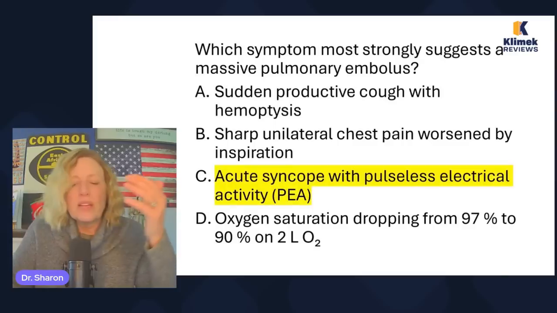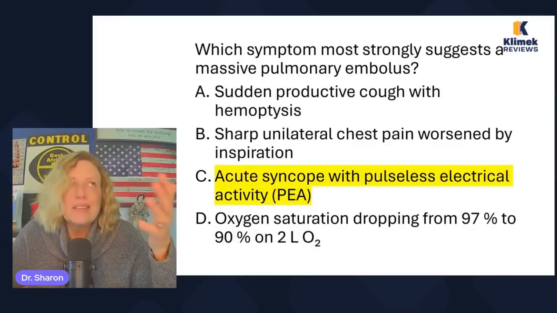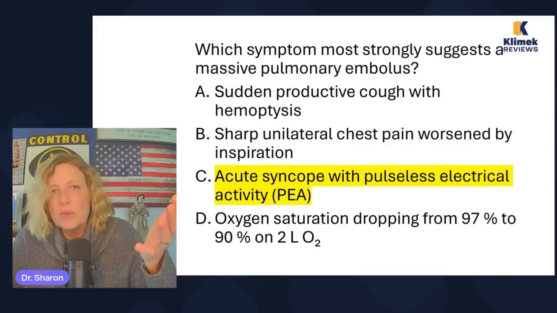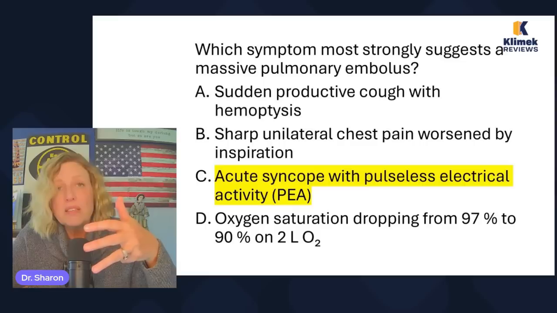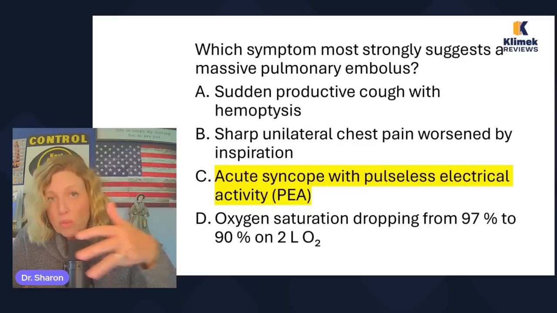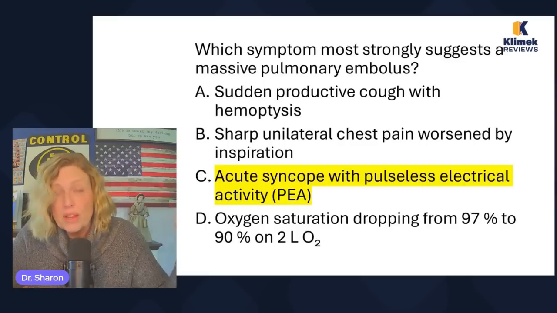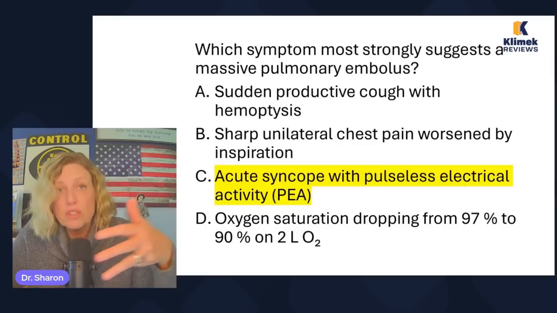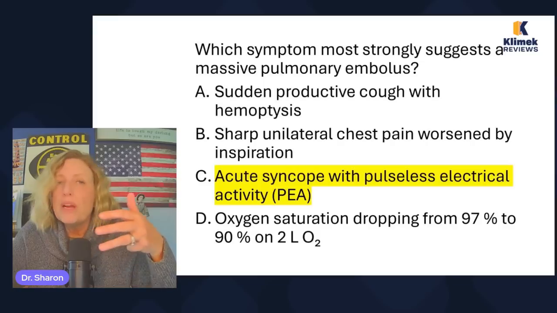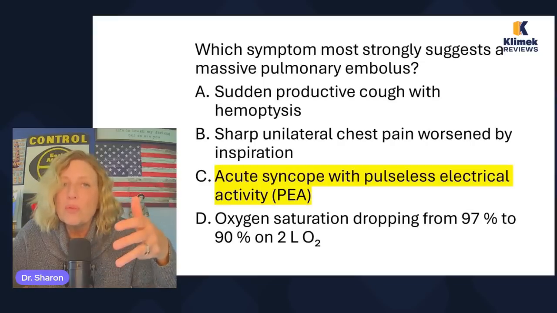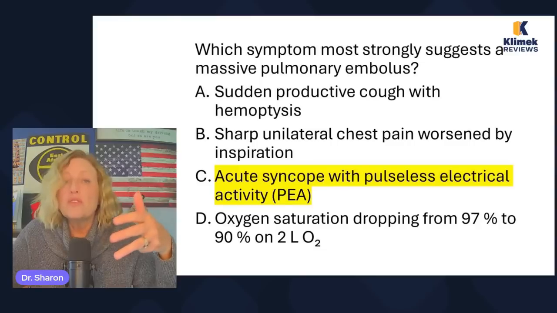The reason I want you to know this is because it's not even really for the NCLEX. It's more for real life. When people develop pulseless electrical activity, which means they have an electrical rhythm, but they have no pulse. In other words, their heart is not responding to the electrical conduction in the heart. You have to do CPR, but you're never going to get them back to a normal conduction unless you figure out why.